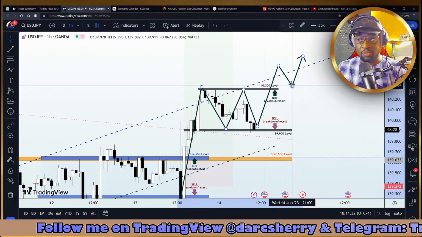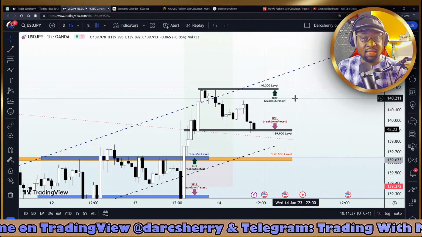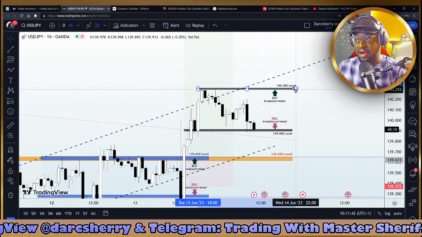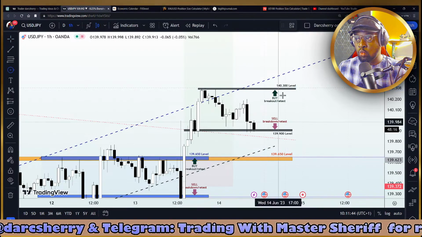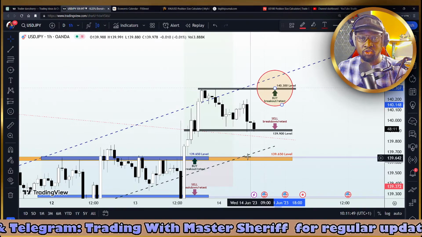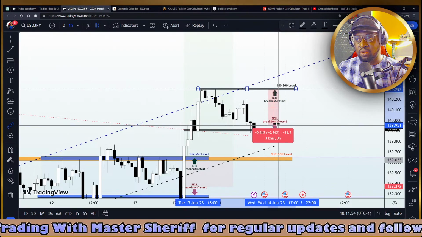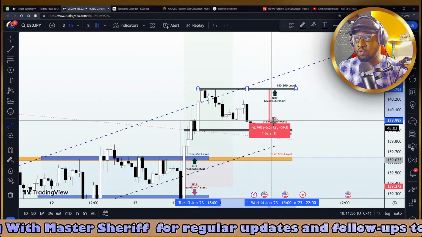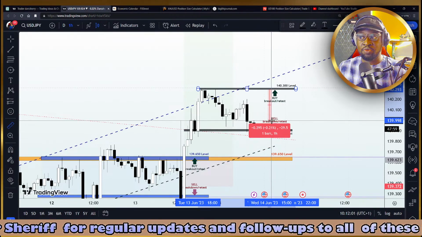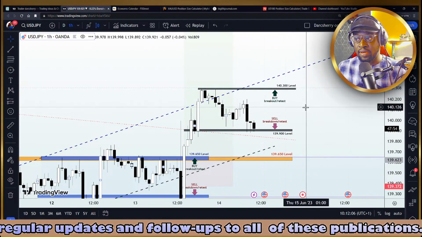So as a result of this expectation, and considering the fact that price action is looking more bullish in the last couple of days here, I'm going to be having a buy stop order sitting above the 140.300 area to join that bullish move to the upside. So I'm having a buy stop order there, then with a stop loss sitting somewhere around this area between the 140.00 level and the 139.900 area, which will translate into about 30 to 35 pips stop loss, and let's see how far this momentum will go.